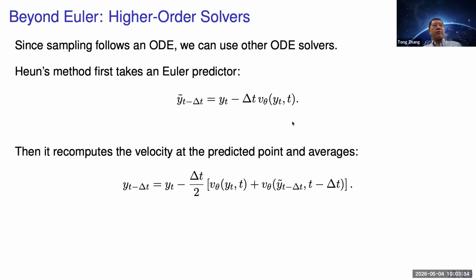So you have 2 model evaluations at different times: one at this T, and the other at T minus delta T. Then you do an average of these 2. This method makes the approximation a little more accurate at each step. You use 2 evaluations, but you get a more accurate result.